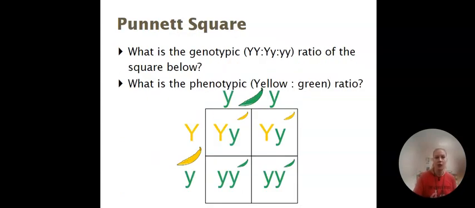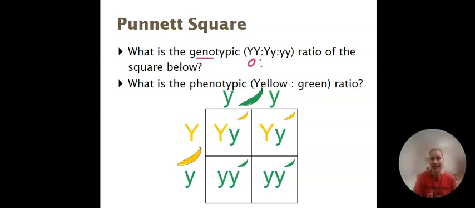concerned. So you can use a Punnett square, right, to determine genotypic and phenotypic ratios. So what is the genotypic ratio of the square below? When we're talking about genotype, we're talking about the actual genes. So for homozygous dominant, that would be 0. There are no squares below that are homozygous dominant.